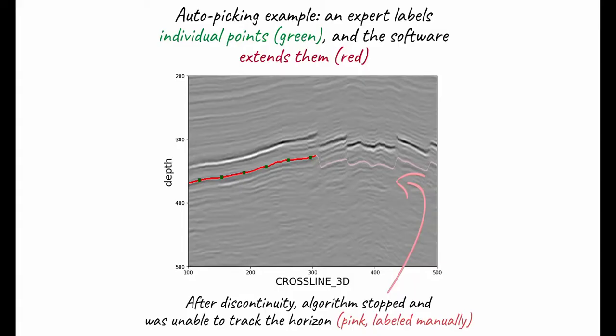Programs extend labeled points to their neighboring traces, but they work only where reflections are distinctly visible, the noise level is low, and the geology is trivial. In complex areas, which are the most interesting, experts still resort to hand labeling, spending up to a month on each field.